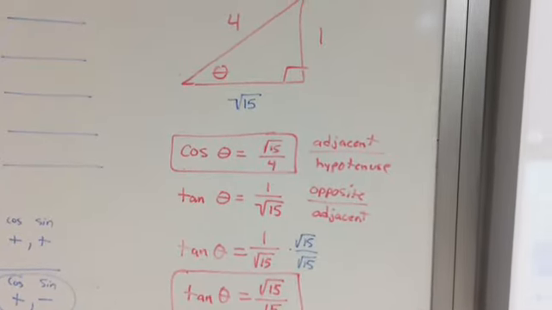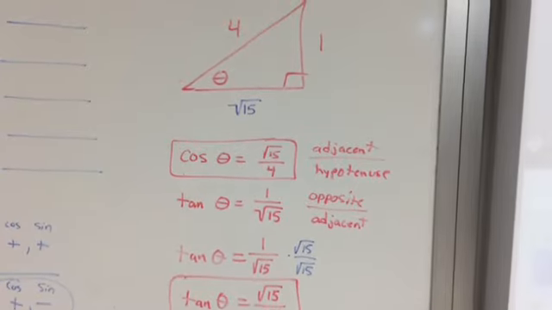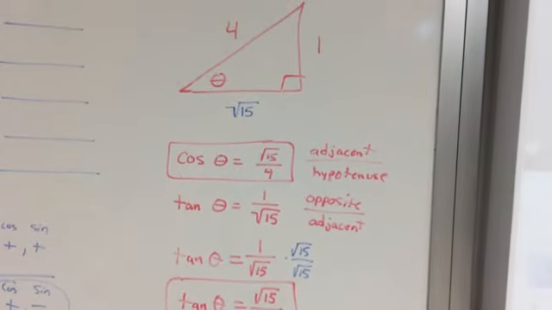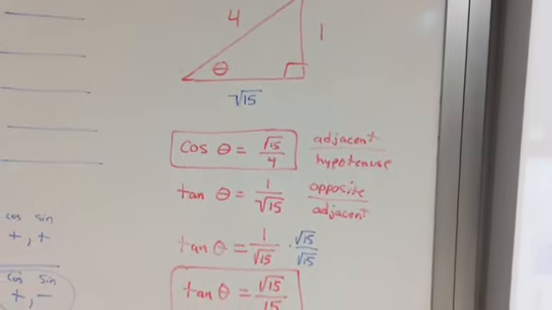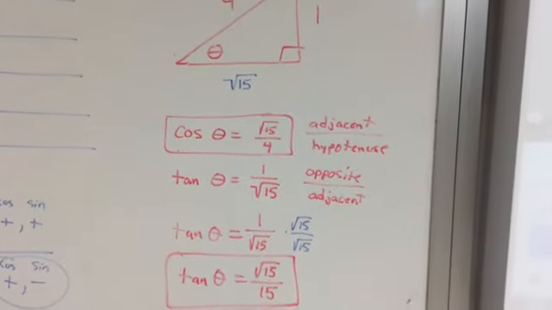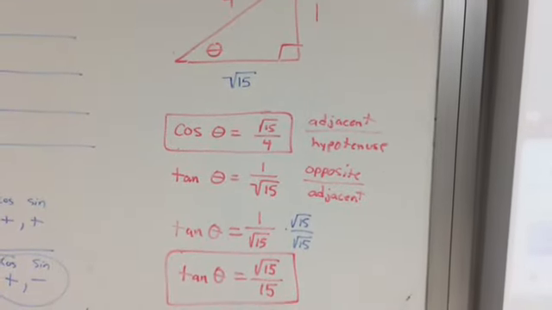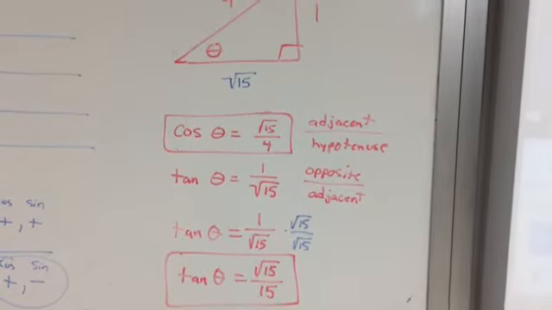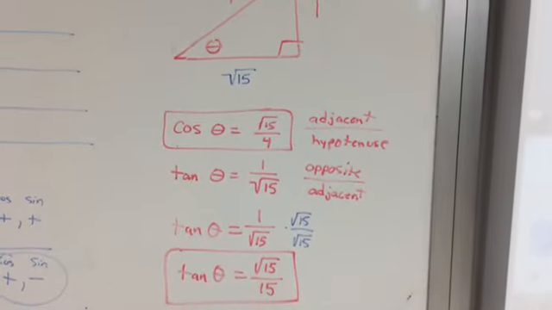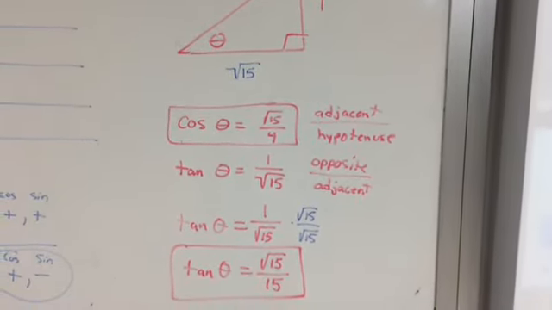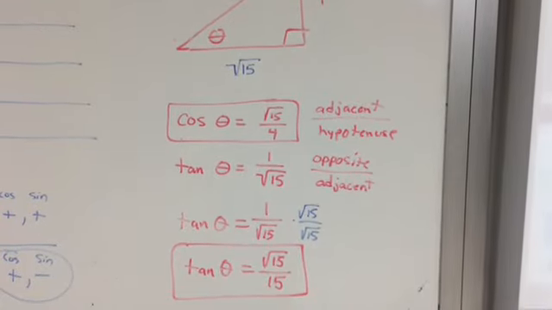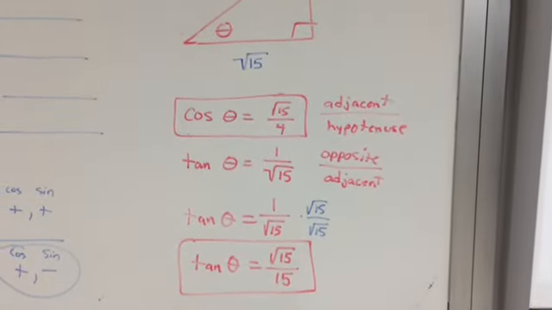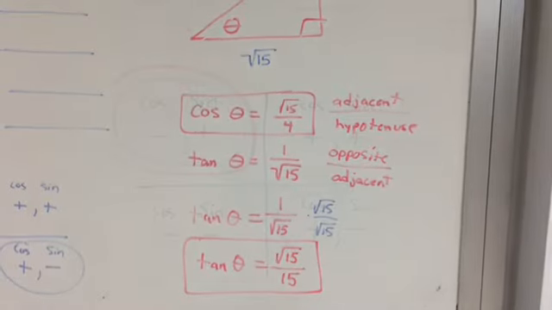Tangent is opposite over adjacent. The opposite side from the angle is 1, and the adjacent side is square root of 15. However, since we need to rationalize the denominator, we will multiply top and bottom by square root of 15, giving us a tangent of our angle equal to square root of 15 over 15.